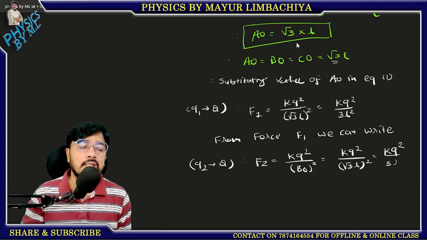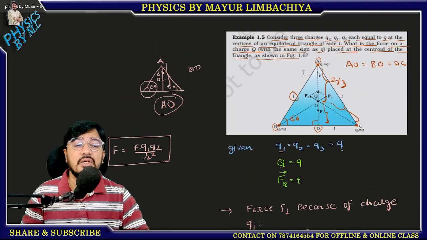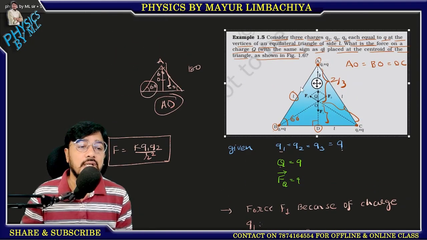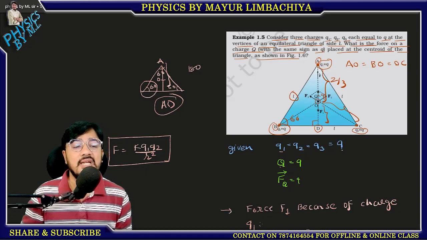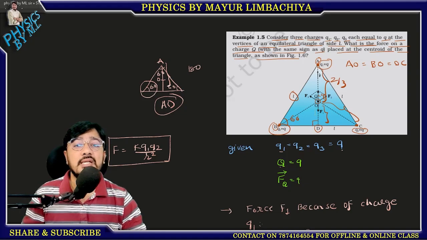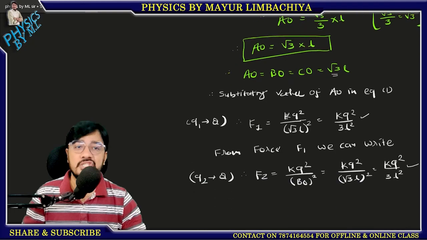So look at that. These values are the same. Why is it the same? Because look at that. All the charges are the same here, as well as the Q is also the same.